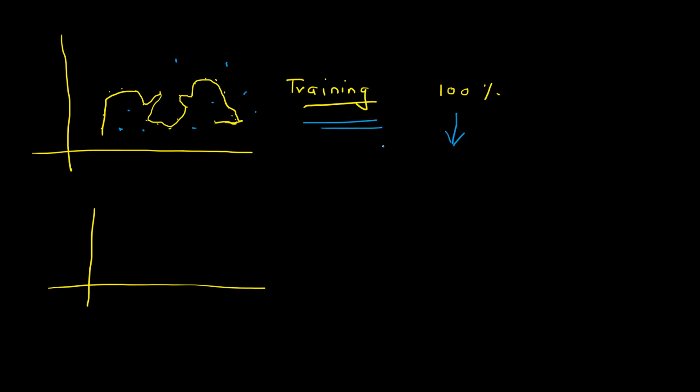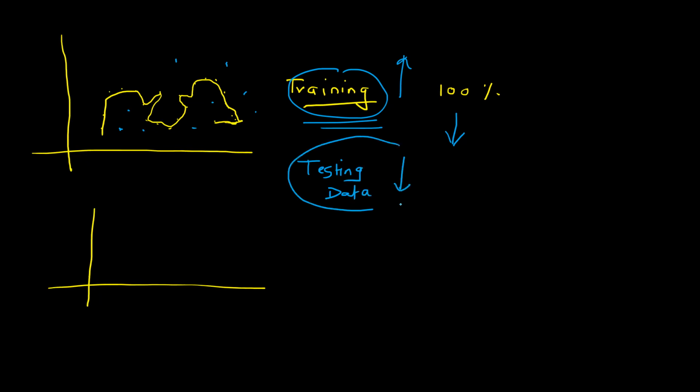In the case of overfitting, our training accuracy is very high, but when we apply the same model on the testing data set, our accuracy drastically reduces. The performance of the model reduces. This problem is called the overfitting problem. Now let us talk about the underfitting problem.